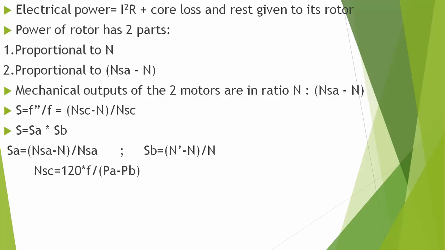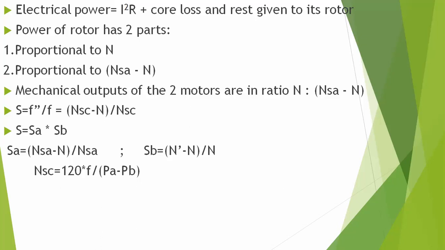SA and SB are the slips of the two motors: SA is the slip of motor A, SB is the slip of motor B. These slips are referred to their respective stators.